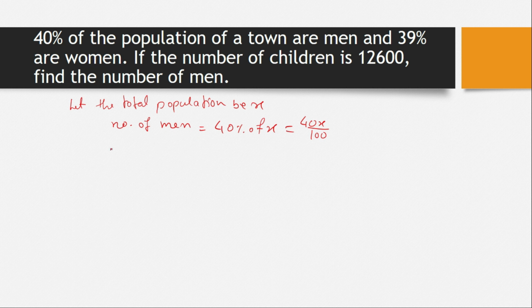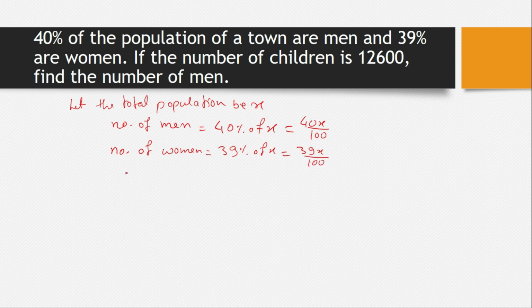In the same way, the number of women is 39% of X. That means we can write it as 39x by 100.